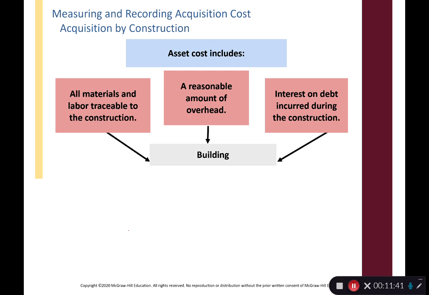Those would all be examples of overhead costs. They don't directly go into the building, but they would be examples of additional cost incurred in order to make that building. And then we also include interest on the debt incurred during construction.